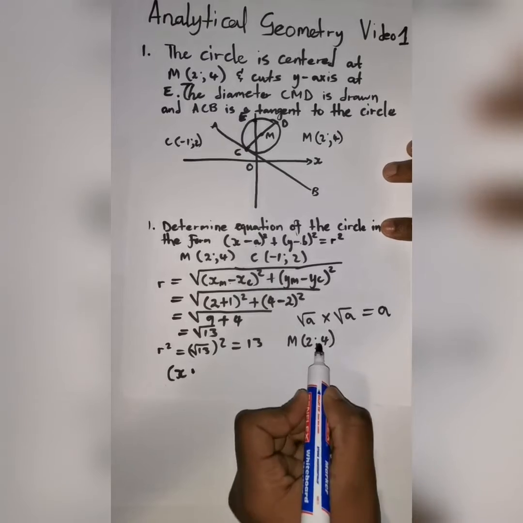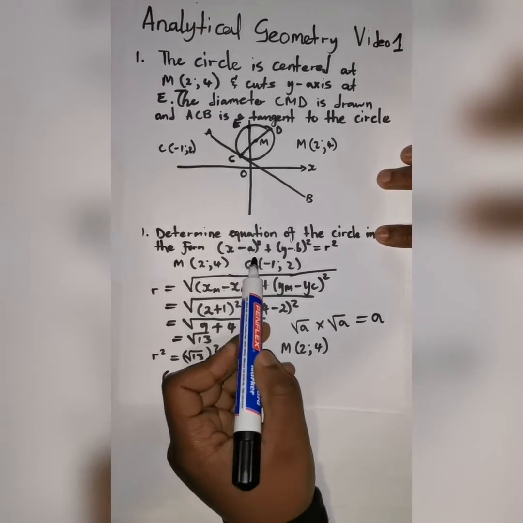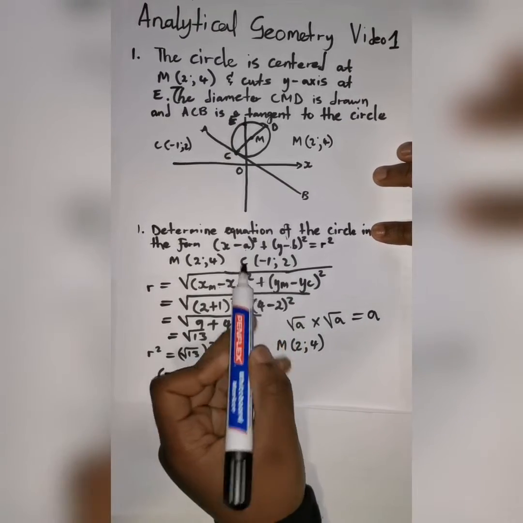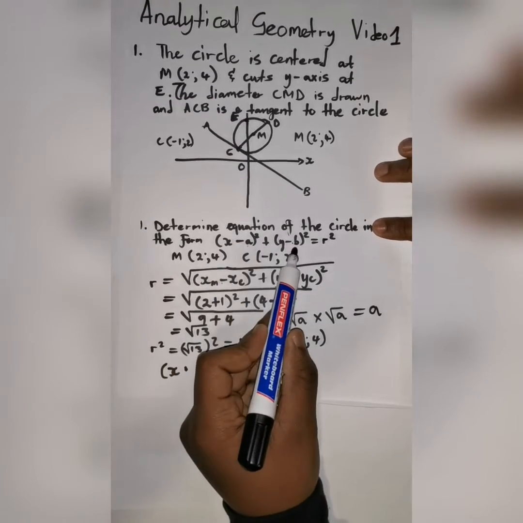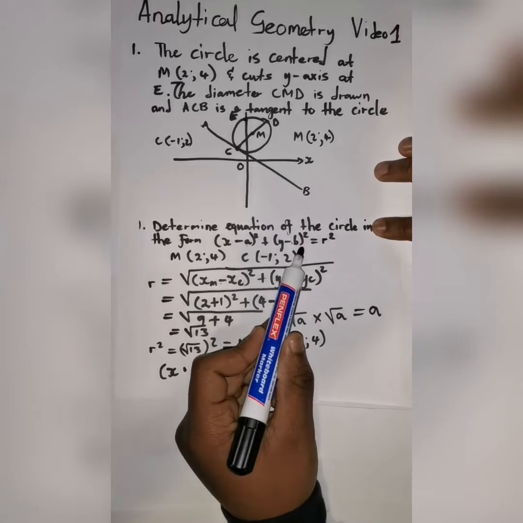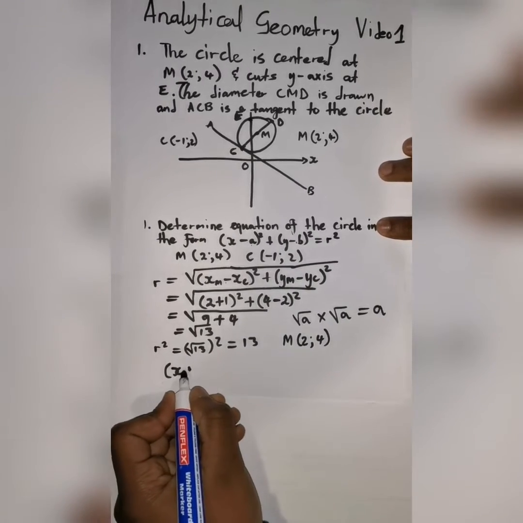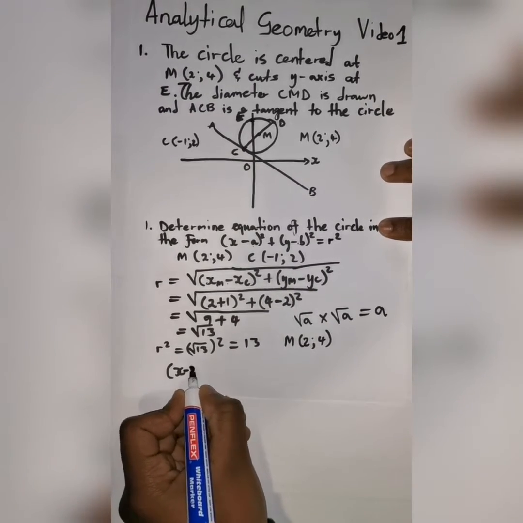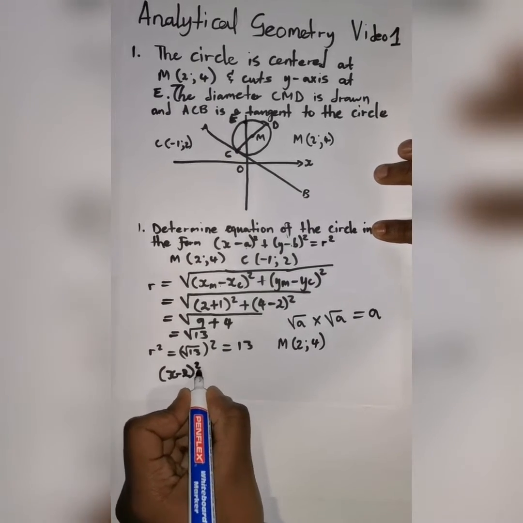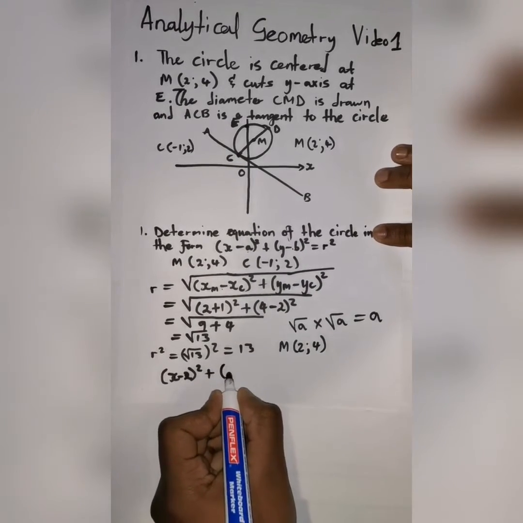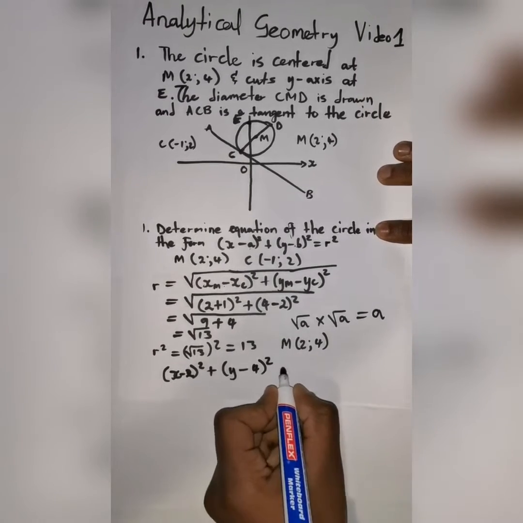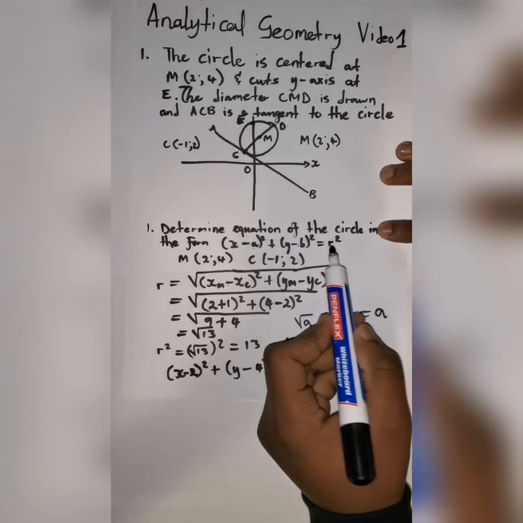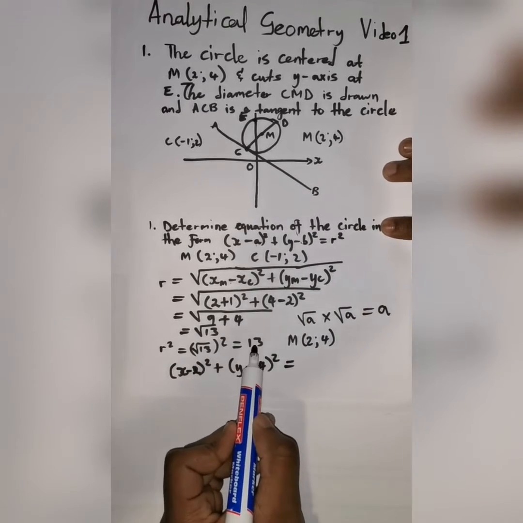We substitute these two points: at A we substitute our x coordinate, and at B we substitute our y coordinate. So this is going to be (x minus 2) squared plus (y minus 4) squared equals R squared. Our R squared is 13.